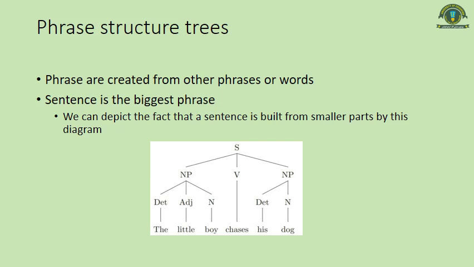So we need to know that this sentence is underlying the structure of NP, V, and again an NP. So through this, the syntactic structures of sentences are represented through phrase structure rules.